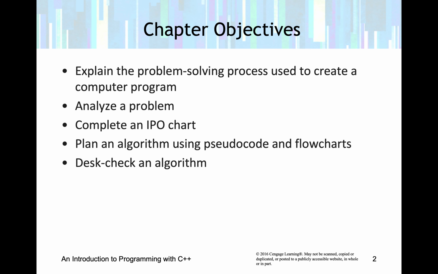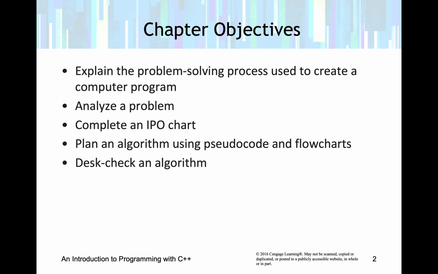We're going to plan an algorithm using pseudocode and flowchart. And remember, the algorithm is the step-by-step instructions that you need for the program to run. First, we do that with something called pseudocode, which is just English-like words.